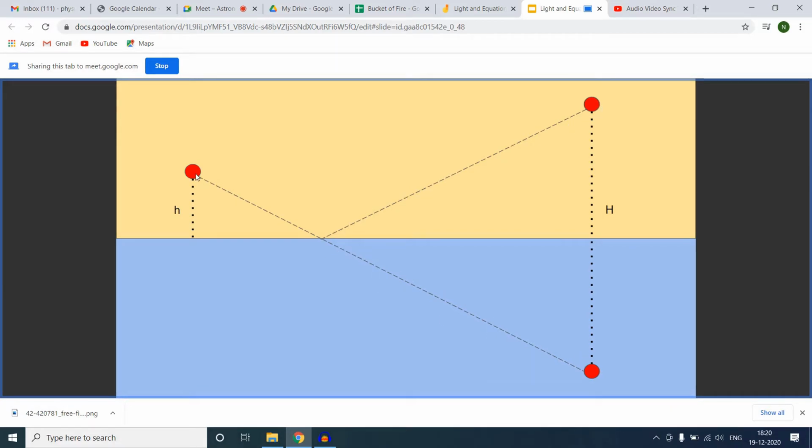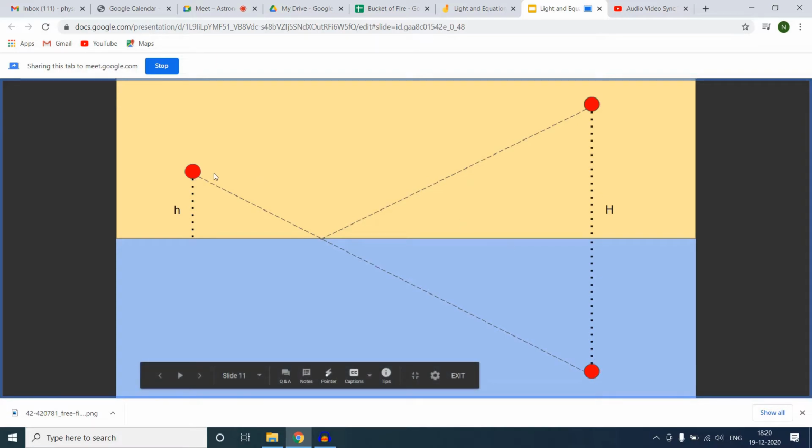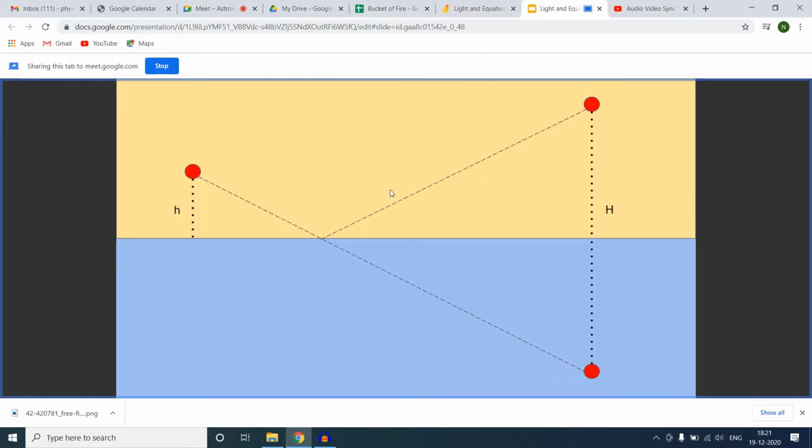Since the shortest possible path from Bob to the image is a straight line, and since the distance from Bob to the C and back to the actual hut has the same length, it has to be the shortest possible distance. And just by similarity of triangles, you can show that the angle of incidence and angle of reflection, so to say, would be equal in this case.